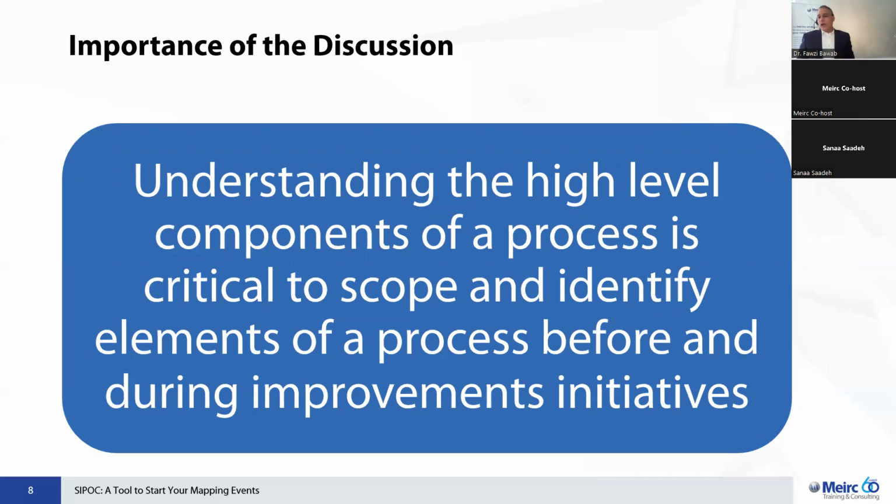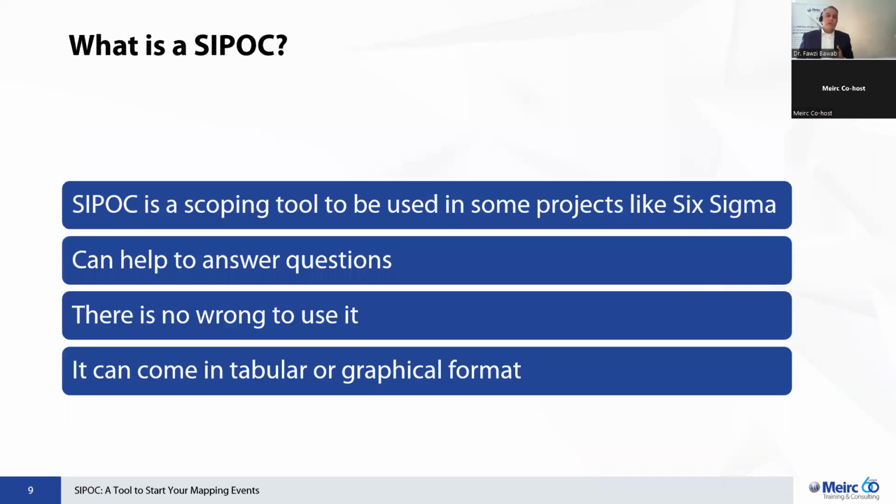It is critical to achieve, maybe sometimes to better scope, to understand what's in, what's out, and to identify the elements of the process before and during improvement initiatives. So it gives us lots of information. Indeed, it is high level, but it can actually give us lots of other information sometimes when we discuss improvement initiatives. So this is the importance of the discussion. This is why we're using it.